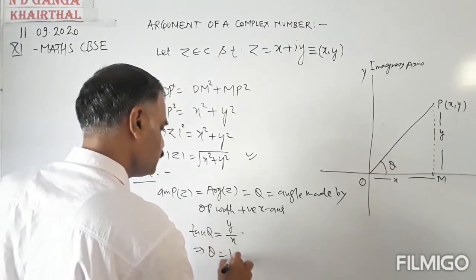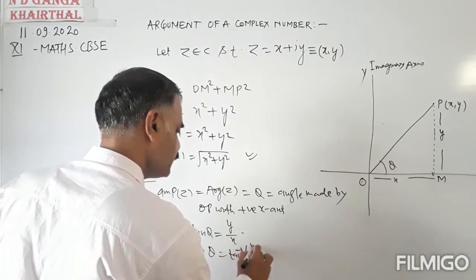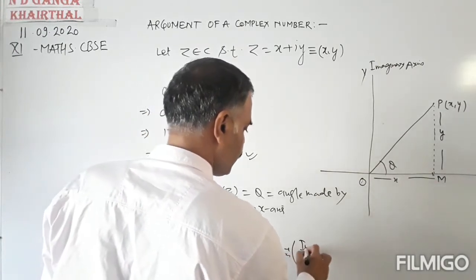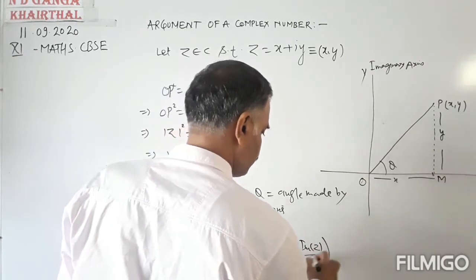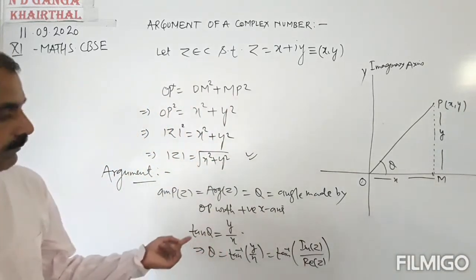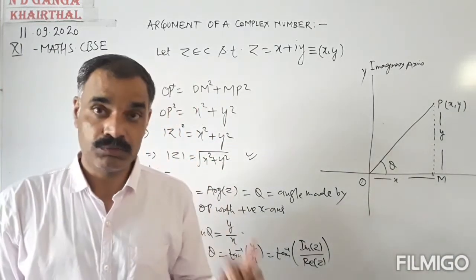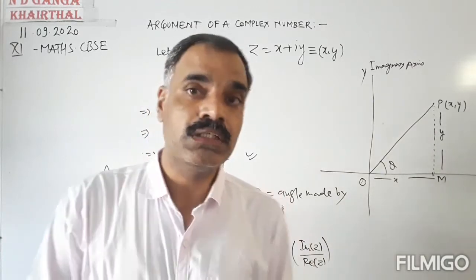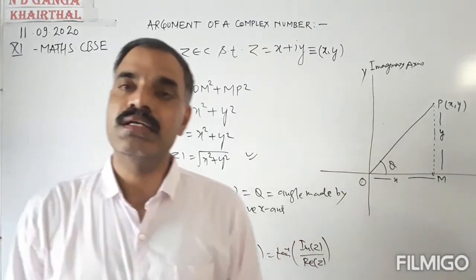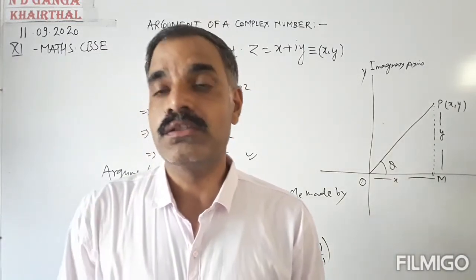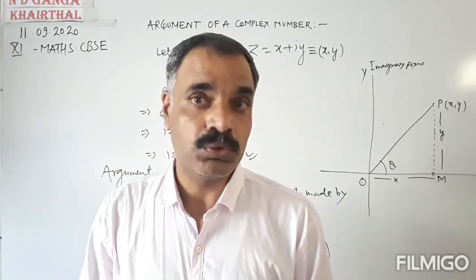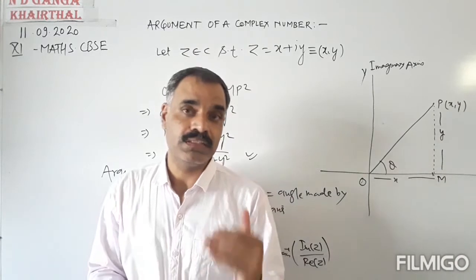So theta is equal to tan inverse of y upon x, where y is the imaginary part of z divided by the real part of z. So the argument or amplitude theta is tan inverse of imaginary part divided by real part. In this way we can find the argument or the amplitude of the complex number by representing the complex number geometrically.